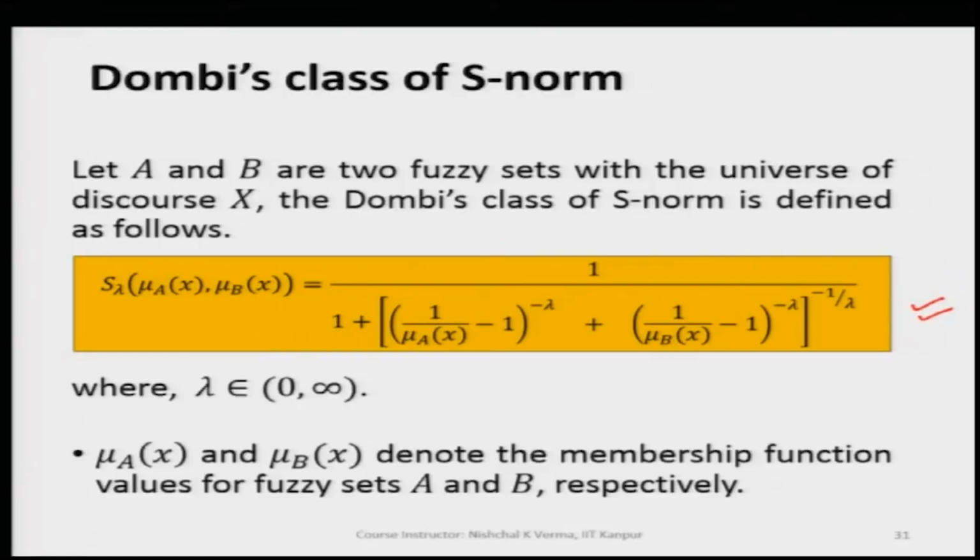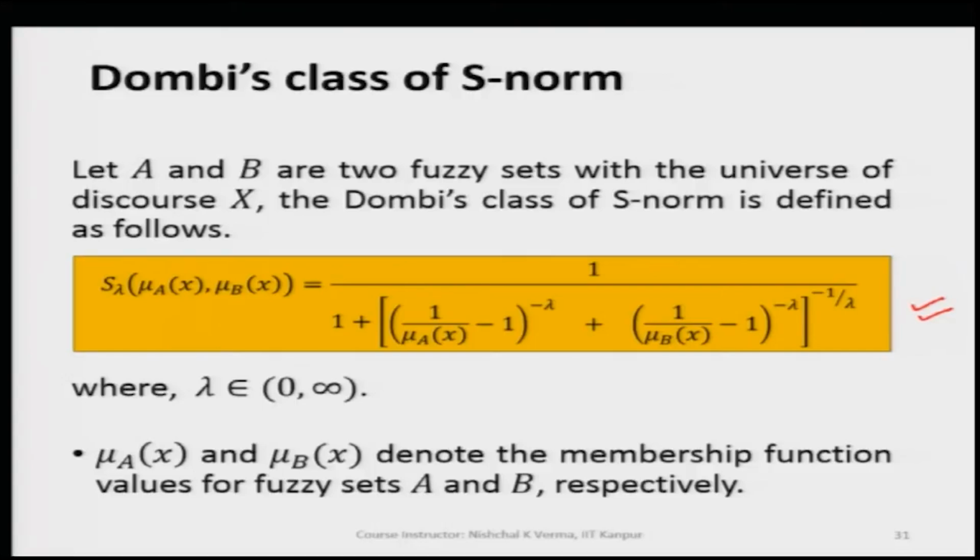As I have already mentioned, S lambda of mu A of x and mu B of x is basically the Dombi's class of S norm operator applied on two membership values, and these two membership values are from two different fuzzy sets whose union is to be found.